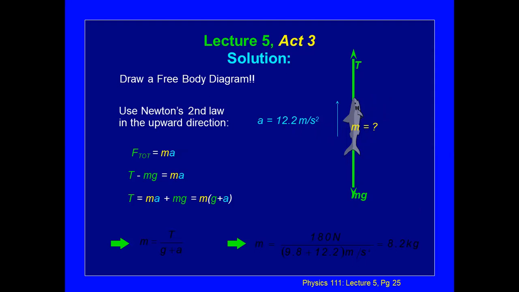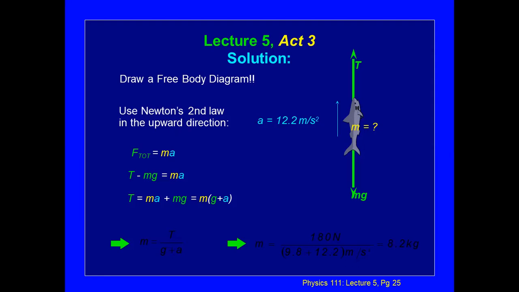If we're going to balance now the forces, your net force is equal to mass times acceleration: tension minus the weight of the fish, as mass times gravity, is equal to the mass of the fish times the acceleration. Now, if we're going to further simplify this, tension is equal to mass times acceleration plus mass times gravity.